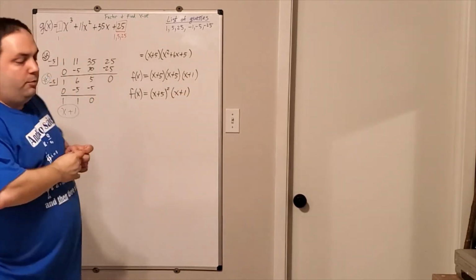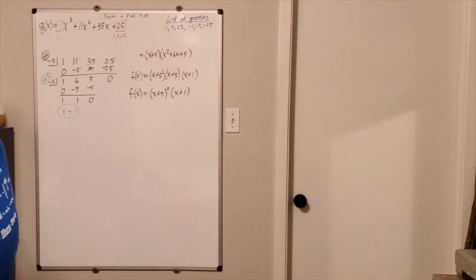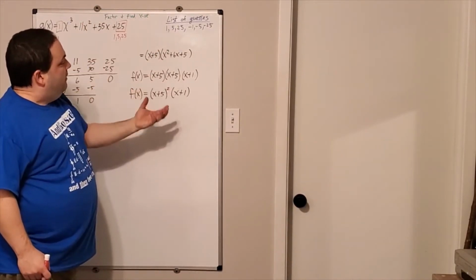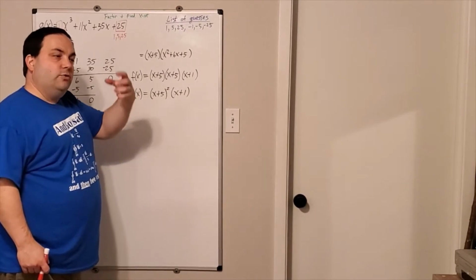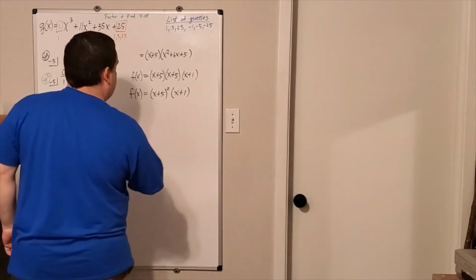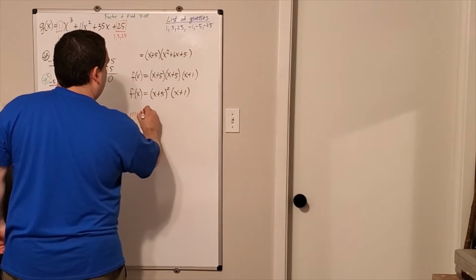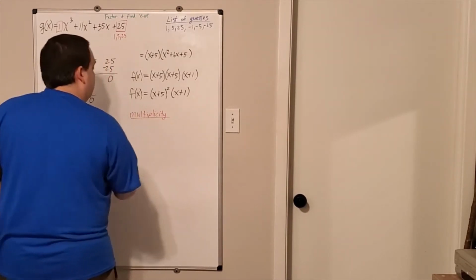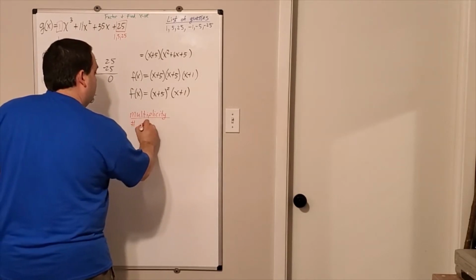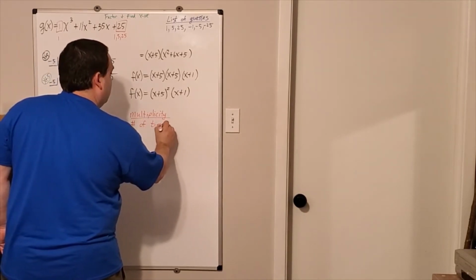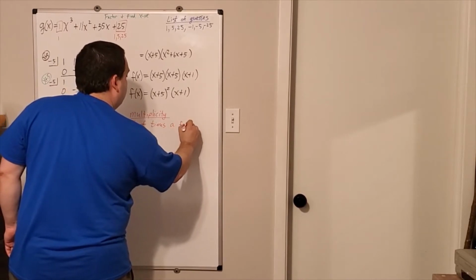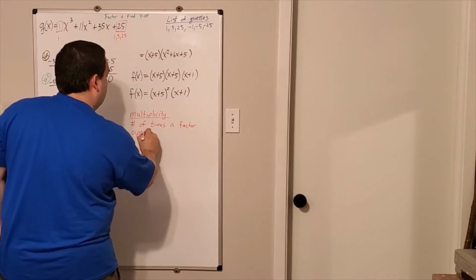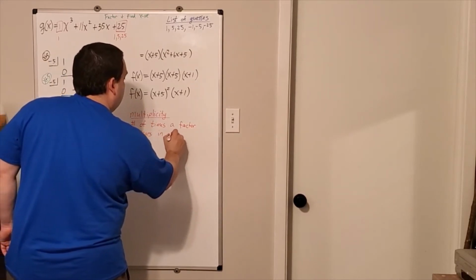Now this brings up an important other term here. Okay? Anytime you have a factor, the number of times that that factor is used is called a multiplicity. Okay? This is the number of times a factor appears in a factorization.